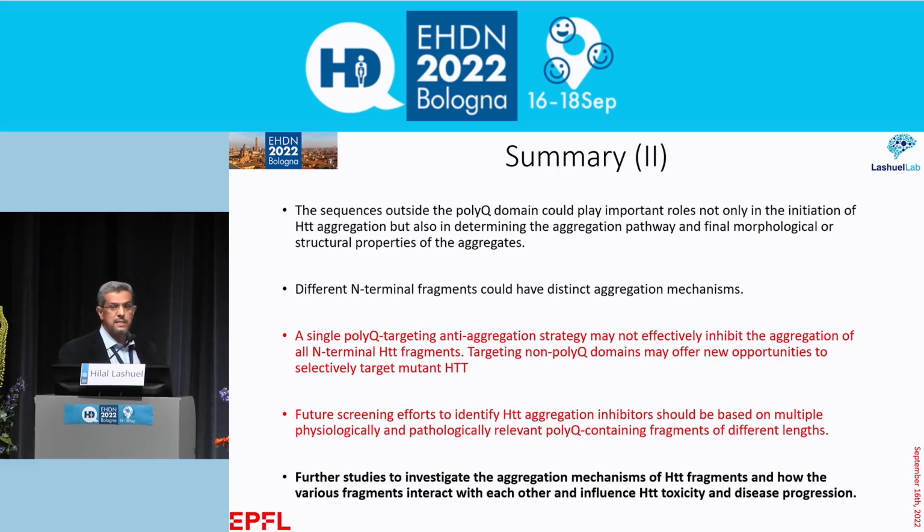Therefore, a single polyQ anti-aggregation strategy may not be effective to inhibit the aggregation of all N-terminal fragments, and future screening approaches targeting Huntingtin aggregation may require the use of different substrates.